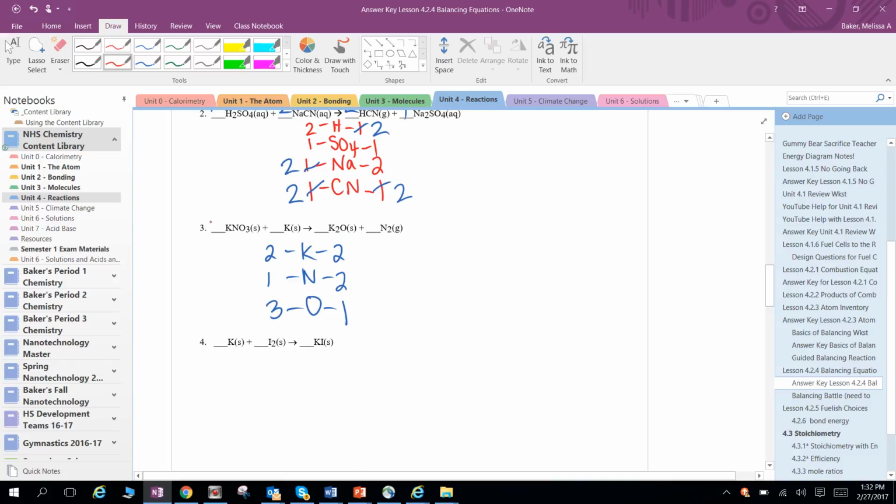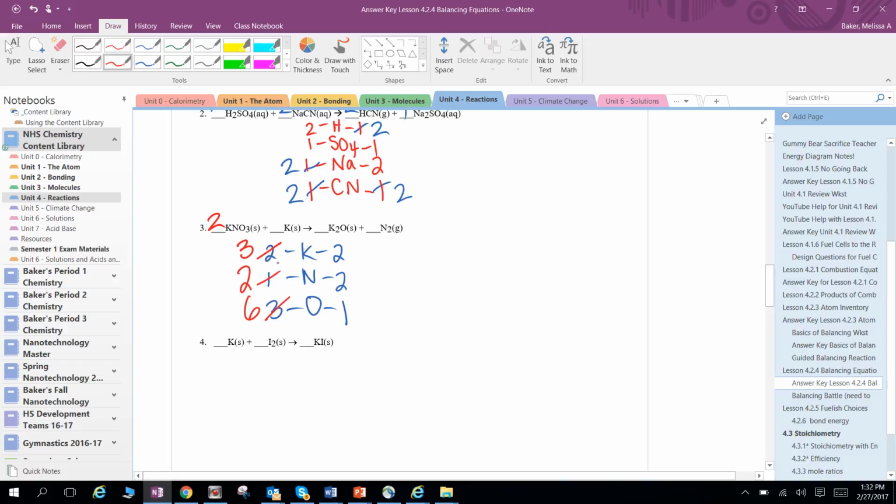Since there are 2 on the right, if I try putting a 2 in front of the KNO3, now I've got 2 nitrogens, and I've also got a weird number of potassiums. 3 potassiums. I've got 6 oxygens now. So this isn't really helping, because now I'm definitely going to need to do something else to balance out my potassiums.